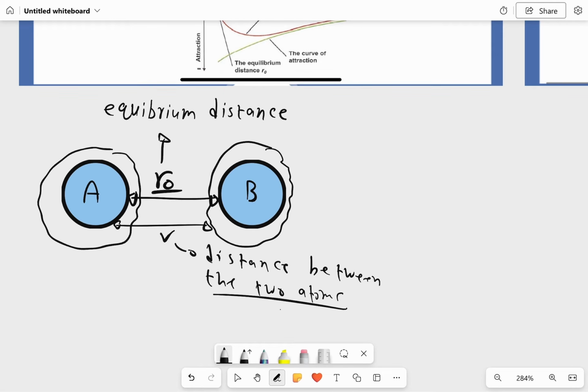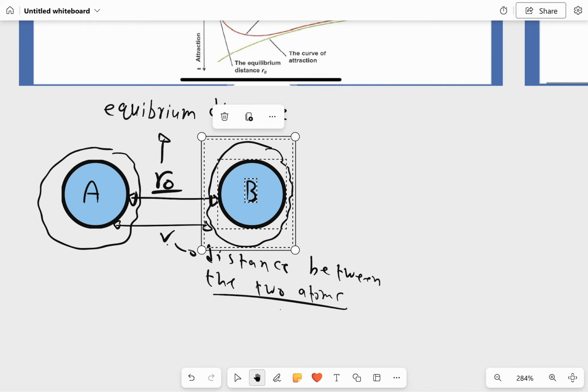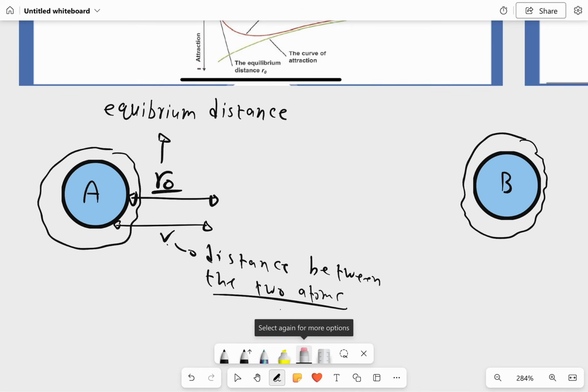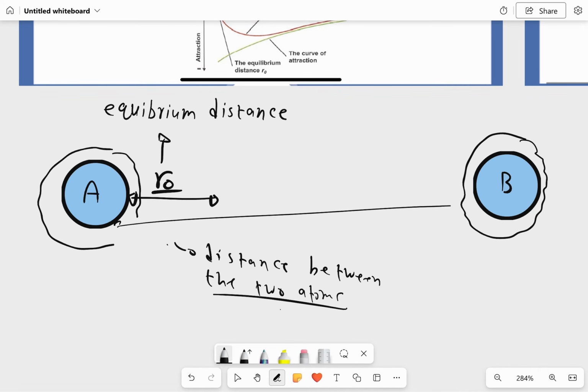Look, if this R becomes too great, if the distance between them becomes greater than the equilibrium distance, the force among these two atoms is going to be attractive. So these atoms are going to attract each other.